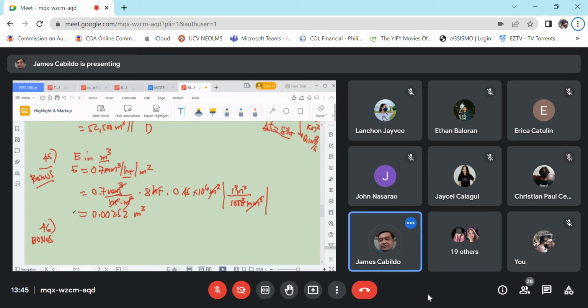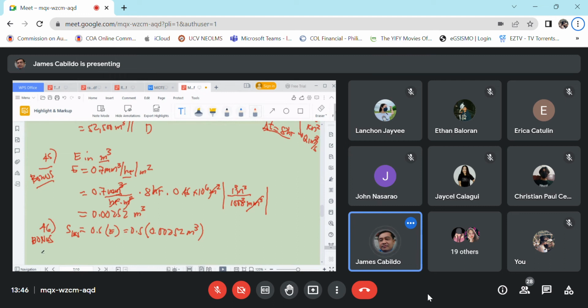It says, the seepage loss is 50% of ET or 50% of evaporation. So, that is 0.5 times E, or that is 0.5 times 0.00252 cubic meters. So notice ito class, cubic meters na ito.